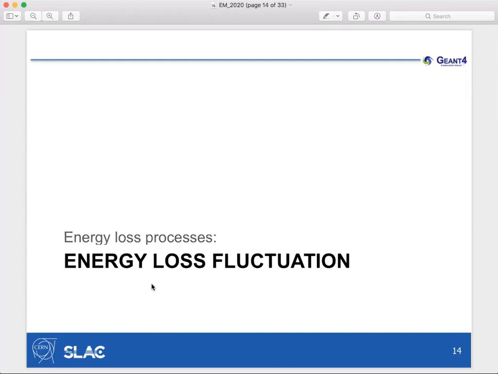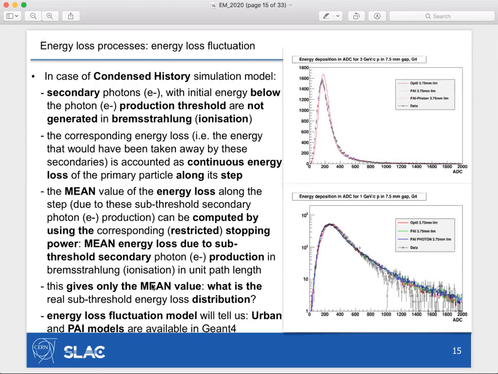That's called stopping power. We compute the mean energy loss due to these subthreshold interactions while the particle moves from the pre to the post-step point. And the keyword in this is the mean.